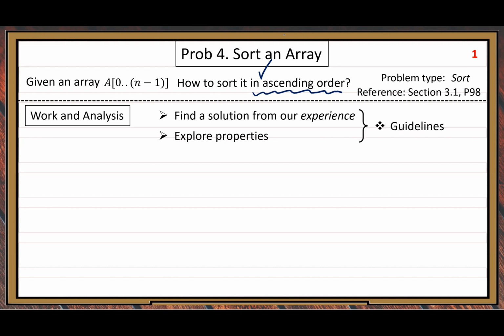So I say guidelines. Here I do not say strategies, because that would be too broad, too general, right? For almost all problem-solving questions, we can take these 2 guidelines.